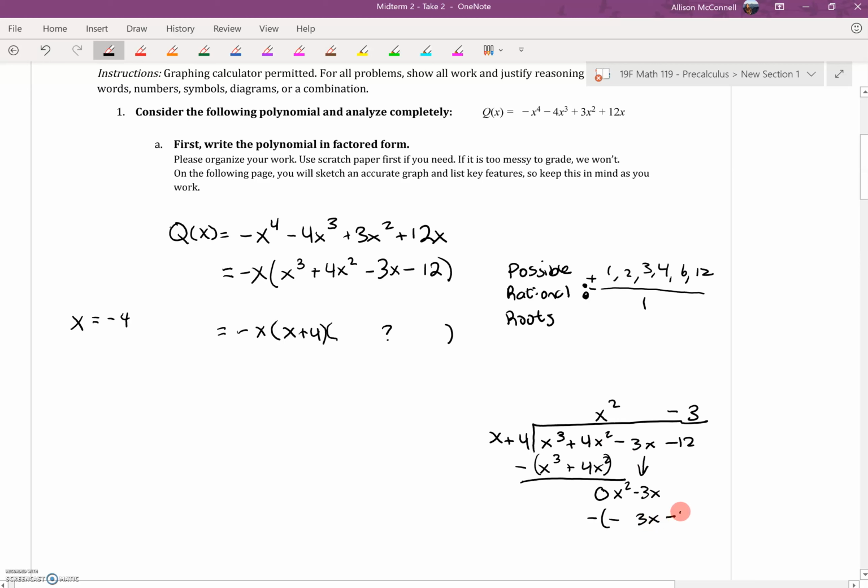And then I have -12. There we go. And notice how I'm lining up the like terms. So when I have -3x and 3x, that'll get me 0. And then I'll be left with 12. But if I bring down that -12, then I'm already left with 0 here. So that means that that factor is x squared minus 3.